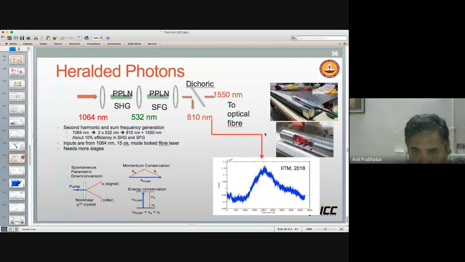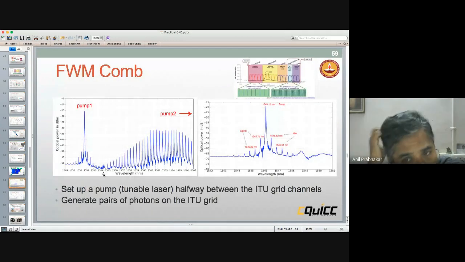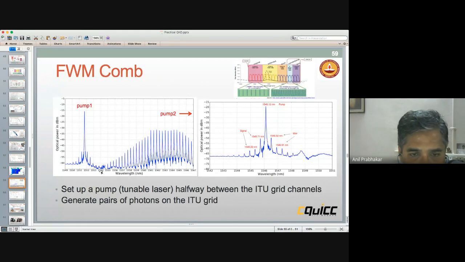You can also do something like this in fiber, but instead of using these sort of crystals, you use what is known as highly nonlinear fiber and a 4-wave mixing experiment. And I'll just show you the results of that. What you'll see out here is all the wavelengths are actually sitting between 1547 and 1567. And there are 2 pumps.